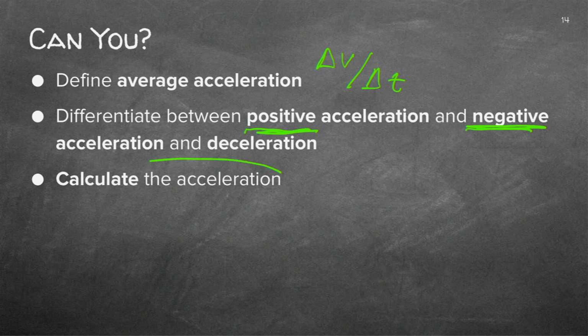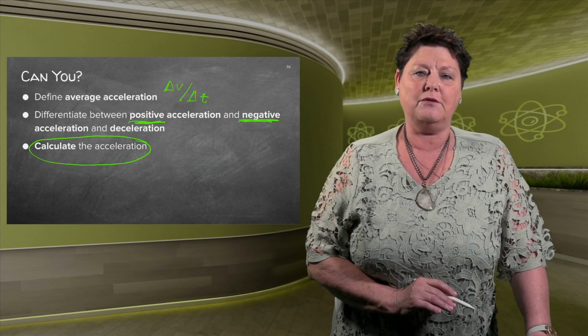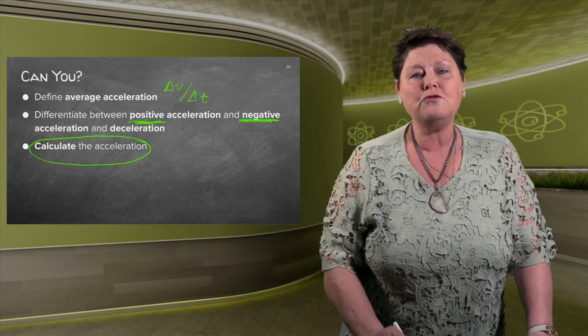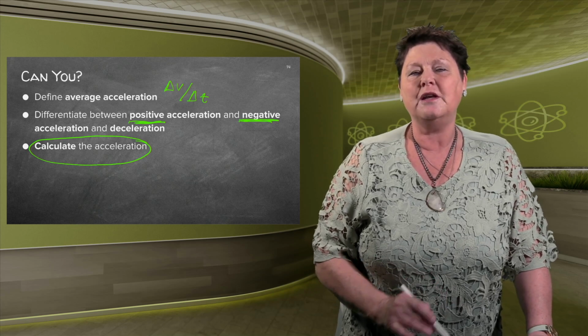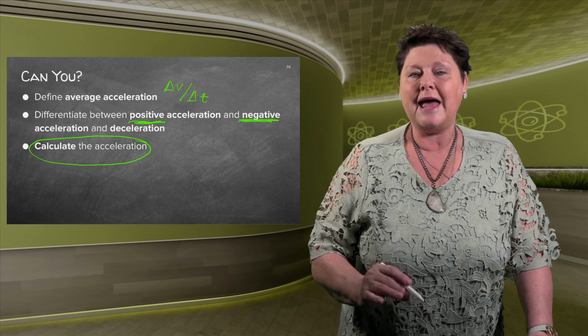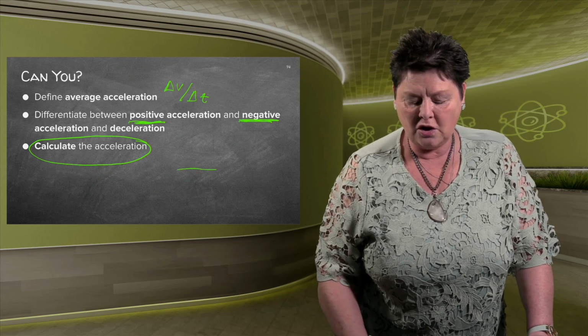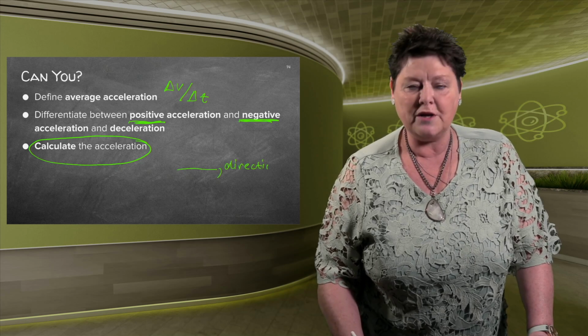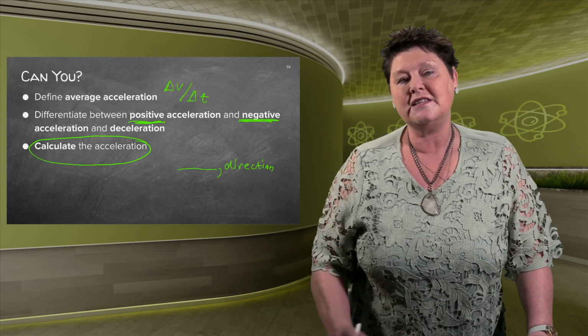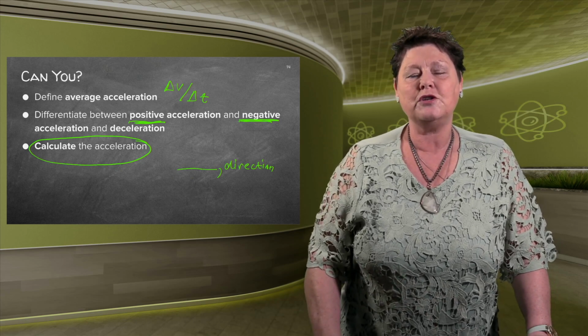And finally, you will always be asked to do calculations with acceleration. Be careful that you write down your equation. Then you substitute, you do the calculation, and remember that your answer will always have the direction. It's going forward, it's going east, or it's going in the same direction as the motion.